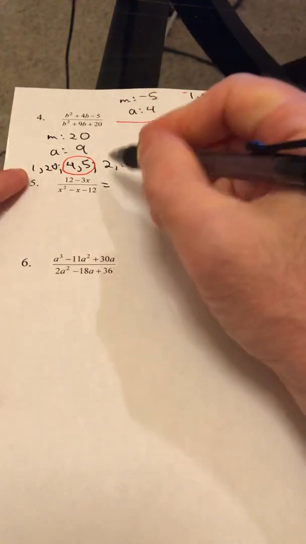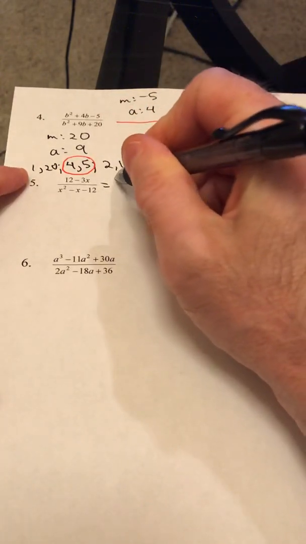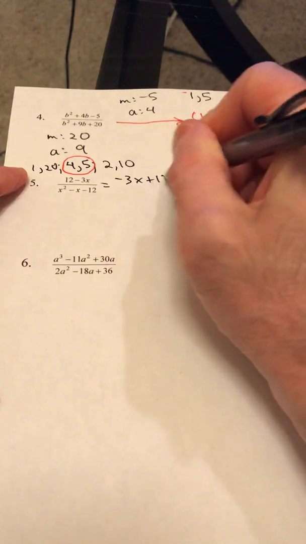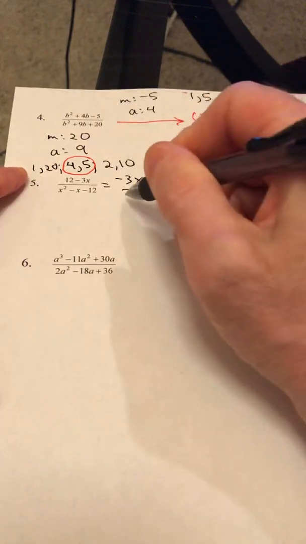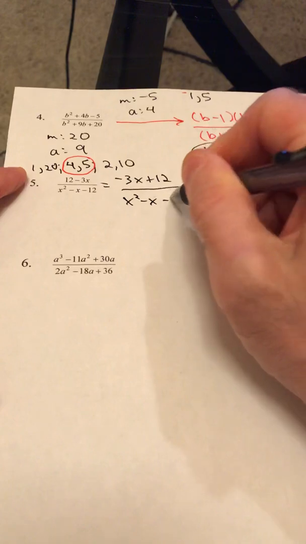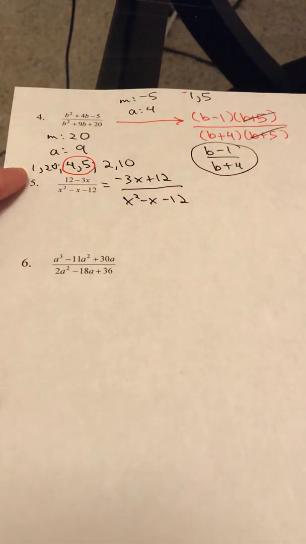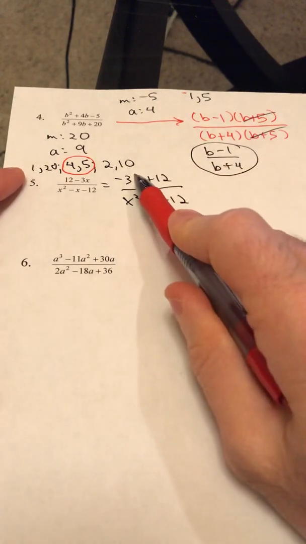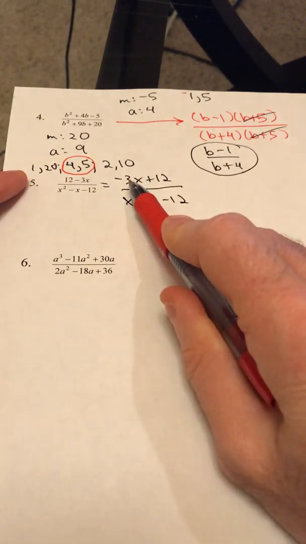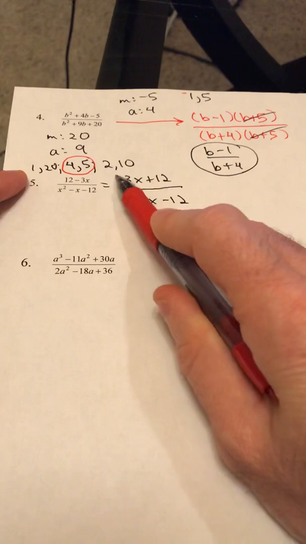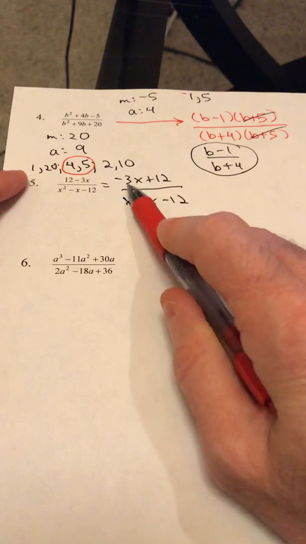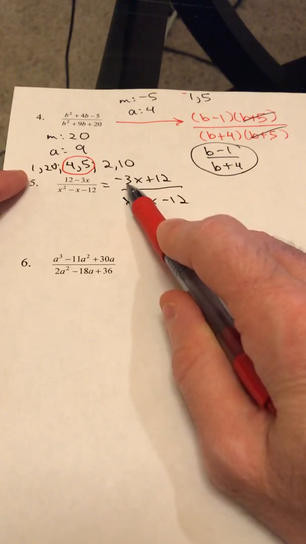All right, for our next example, before I do anything with this, I am going to actually rewrite this in order. I'm going to rewrite it as -3x plus 12 over x squared minus x minus 12. Now, as far as our GCF goes here, one of the reasons why I like to rewrite this, it makes the GCF a little more obvious when you have this coefficient first.